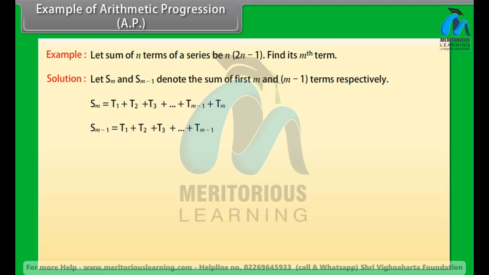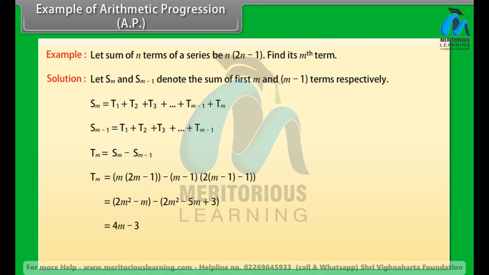Sm minus 1 is equal to T1 plus T2 plus T3 plus up to plus Tm minus 1. Tm can be found as Tm is equal to Sm minus Sm minus 1. On solving, we get 4m minus 3.